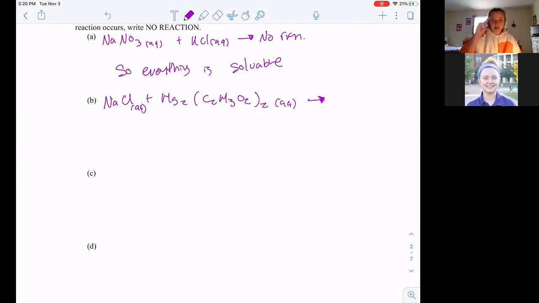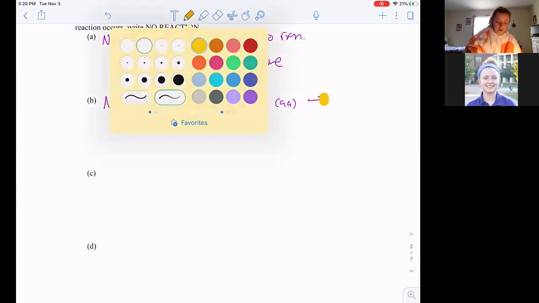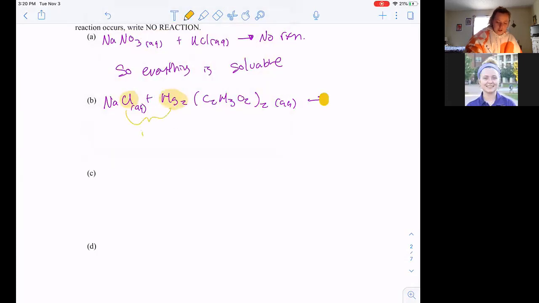But we have to think that this is going to react with this. These two things together are insoluble. And remember, your net ionic equation is made of things that are insoluble.